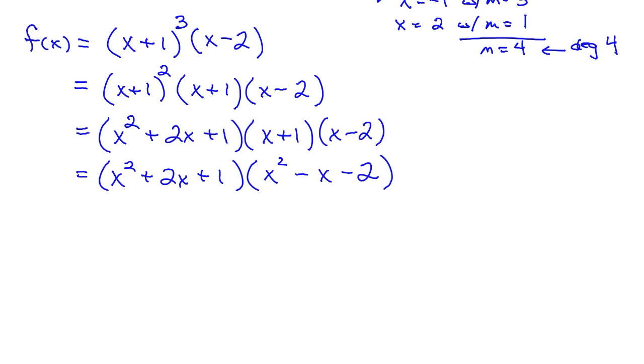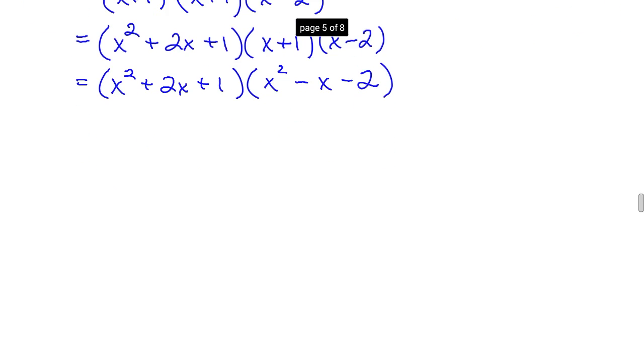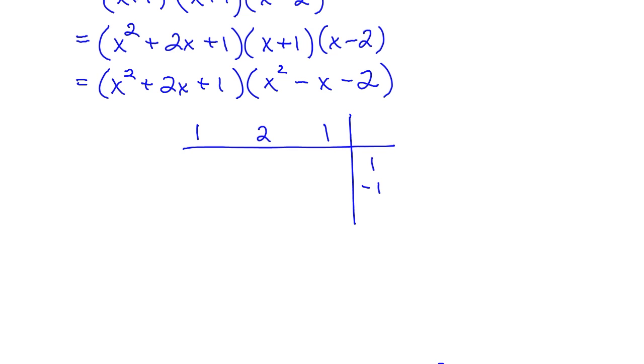And from here you can use any technique that you want to multiply these out. I think I'll use my synthetic multiplication technique. 1, 2, 1. And then 1, negative 1, negative 2. And just multiply these out. 1, 2, 1, negative 1, negative 2, negative 1, negative 2, negative 4, negative 2.